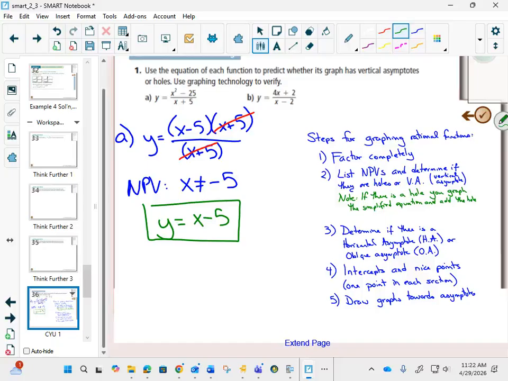So I have a hole, because it's simplified, and I can write the coordinates of that hole. They're going to be at the x coordinate that was not permissible, negative 5. But if I have the simplified equation, normally that would have had a point if I plug in negative 5, at (negative 5, negative 10). That's going to be where the hole is in the graph.